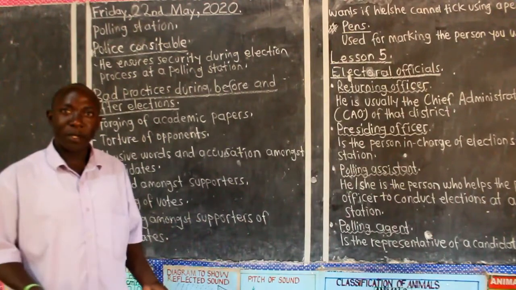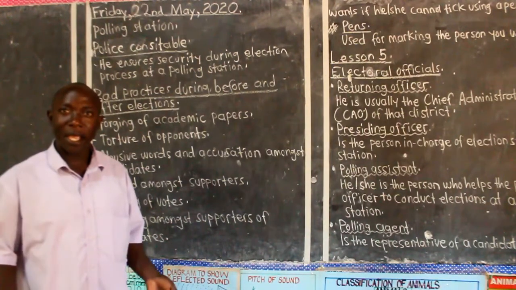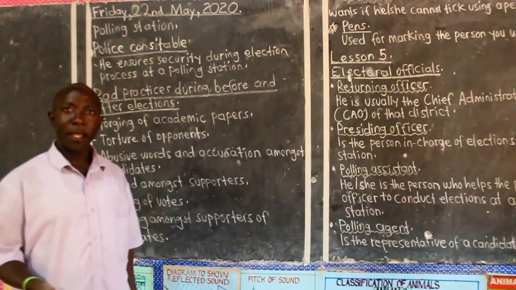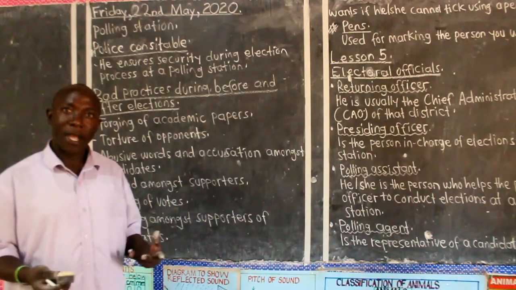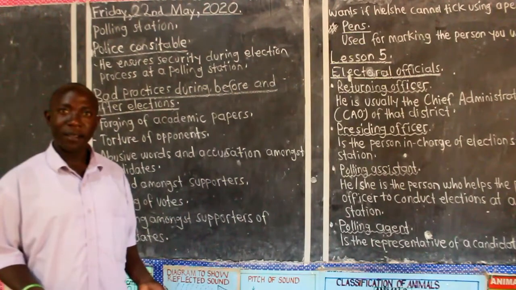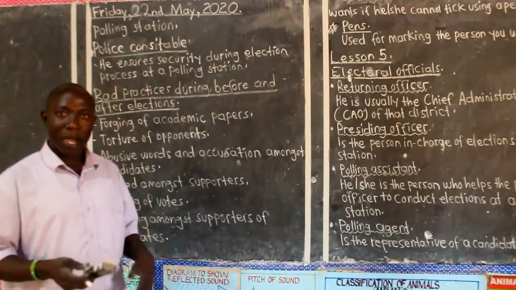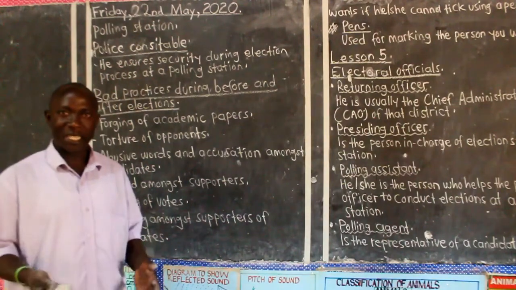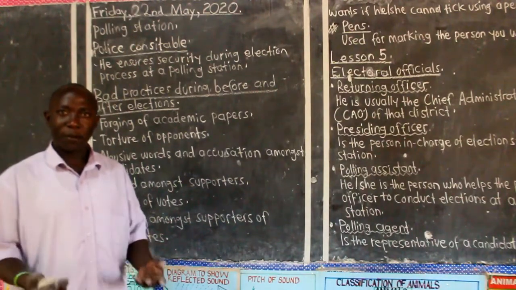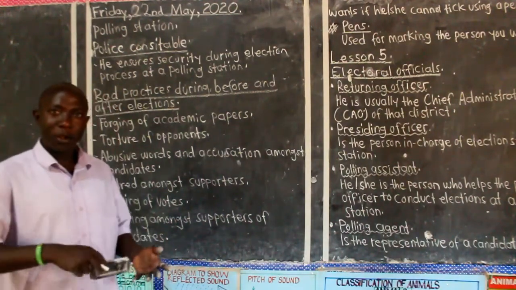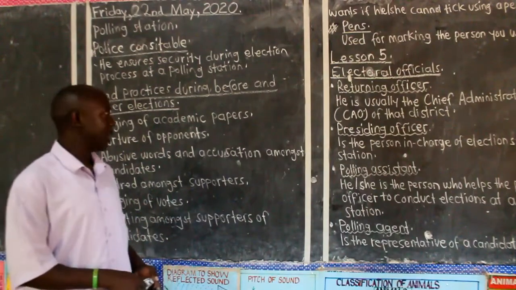Don't even come near me. You don't even pass here. Don't do this. Others even attack friends. They end up killing one another because of different candidacy. So those are the bad practices that people get involved in during, before, then after elections.